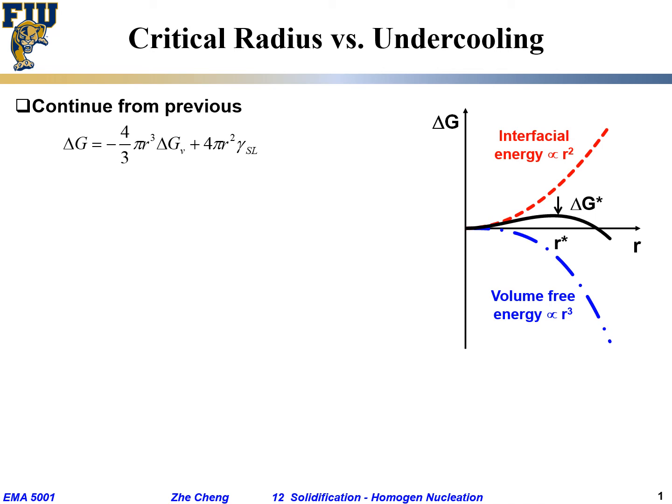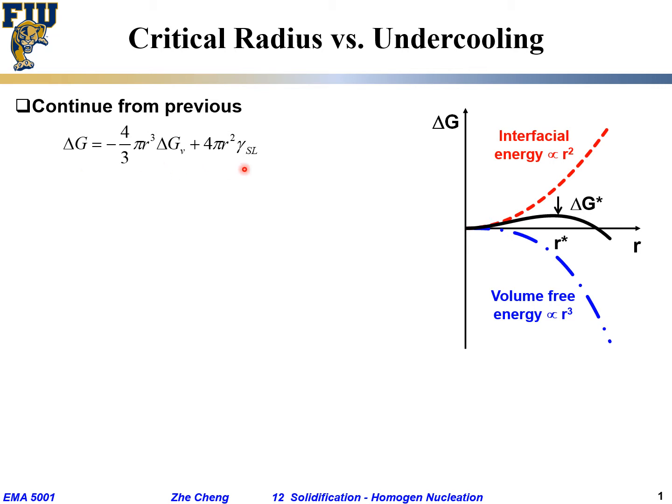Now let's look at this plot again. What are we looking at in this equation? Delta G is the free energy change from the initial state, which is pure liquid, to the final state, which is liquid plus a solid nucleus with radius r. It is two terms together, right?